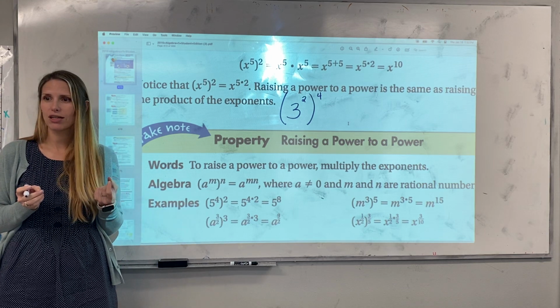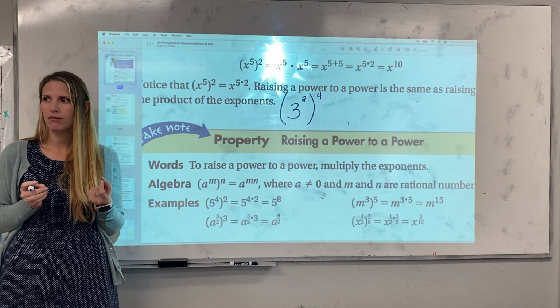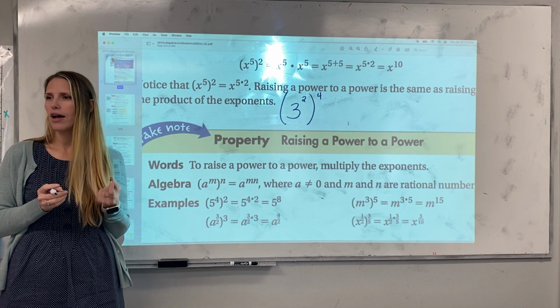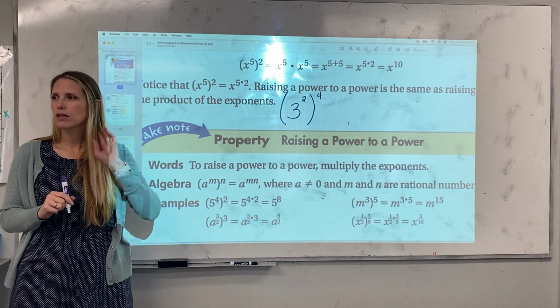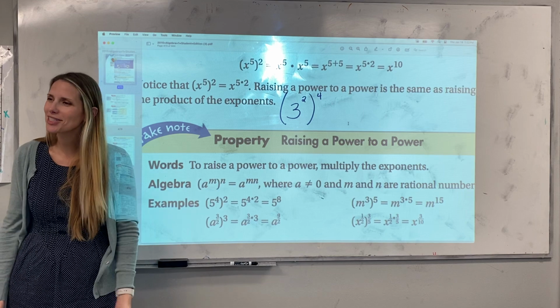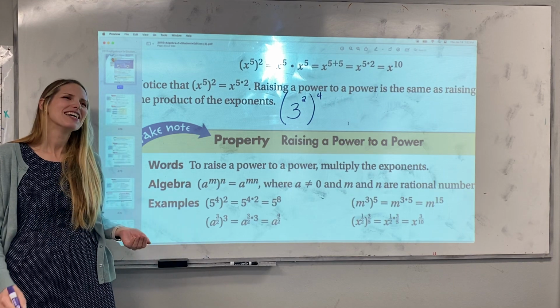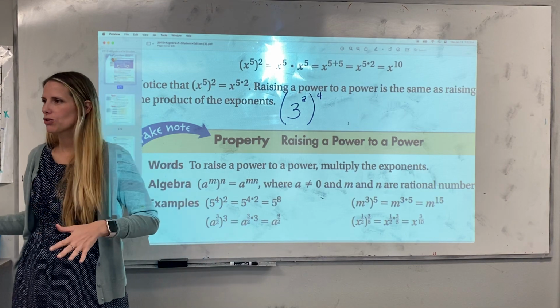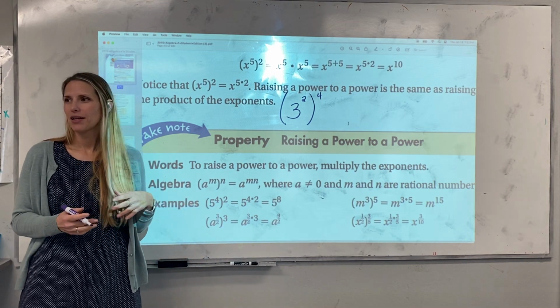Are you guys thinking about the trick of what to do with the exponents? Faith, you tell me. 2 multiplied with 4. Yeah, that's the trick. I just said, you already know the trick. You guys are supposed to know the trick.